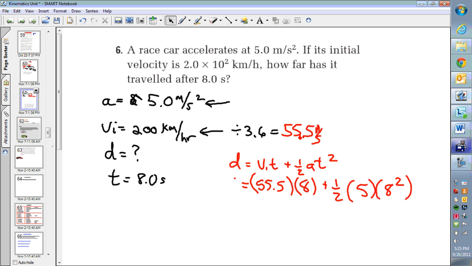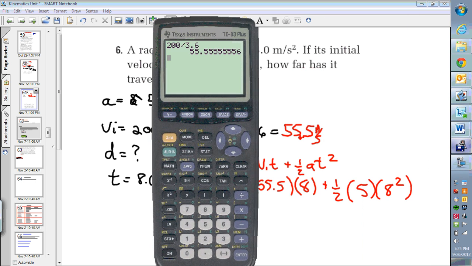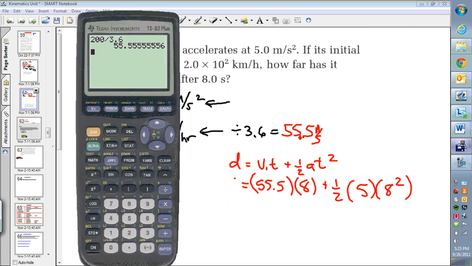Okay, so we'll bring that calculator back up. Hopefully it stayed on this time. So we'll put the answer in there, times 8 plus 0.5 times 5 times 64, which is 8 squared. Gives me an answer of 604.4 meters.